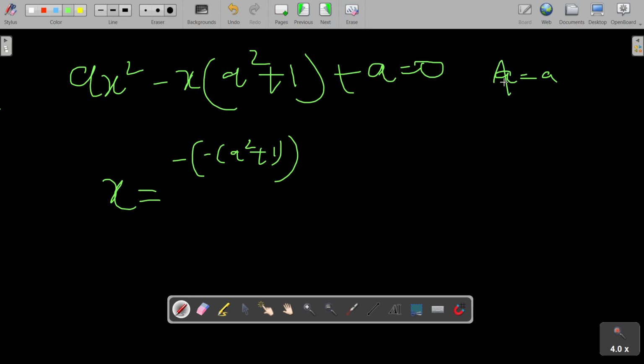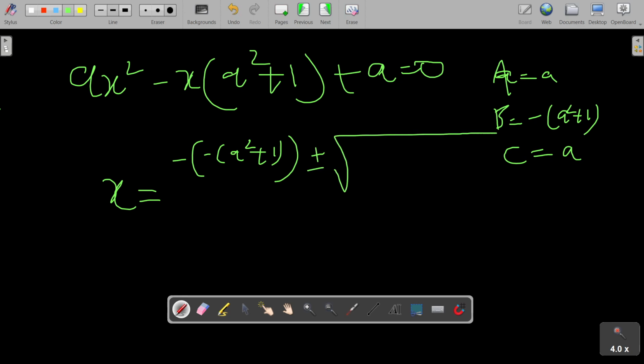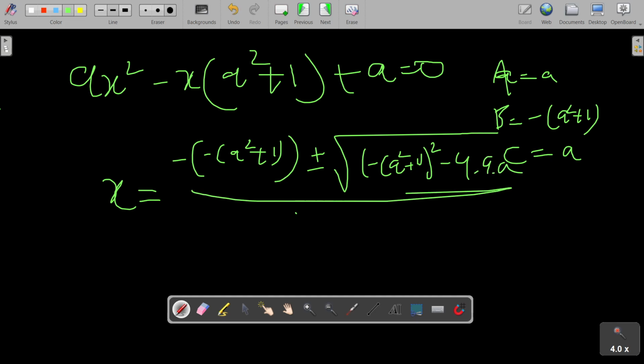Let me write this as capital A. Capital B is negative of a square plus 1, and capital C is a, small a. Right here we have plus minus root of b squared, which is minus a squared plus 1 whole square, minus 4 into a into a, over 2 into a.